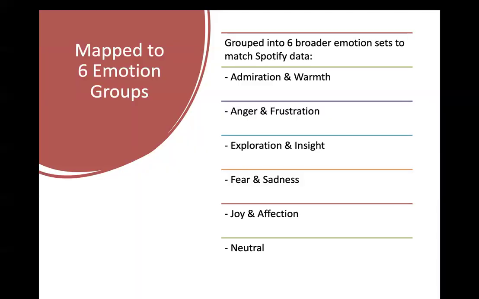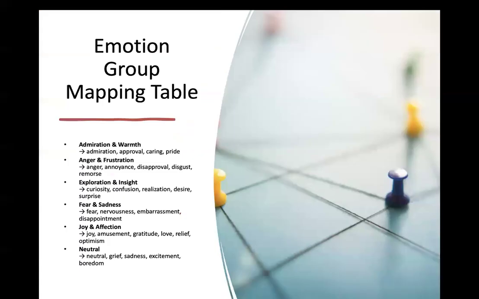For example, admiration and warmth are mapped into approval and caring, whereas annoyance and disgust are mapped into anger and frustration. Sadness and disappointment are mapped into fear and sadness. By doing this, we made it possible to take BERT's predicted label and directly filter songs from the Spotify dataset that match the emotional tone. Next, my friend Vamsi will continue the presentation.